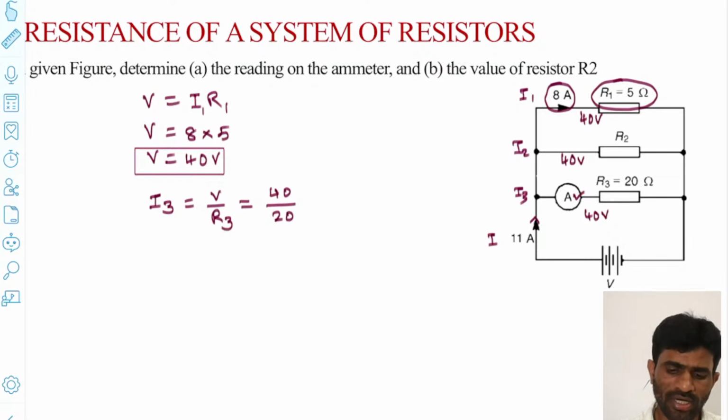So now it will be 2 amperes. I3 is 2 amperes. Current across resistance R3 is 2 amperes. Hope you understood this.